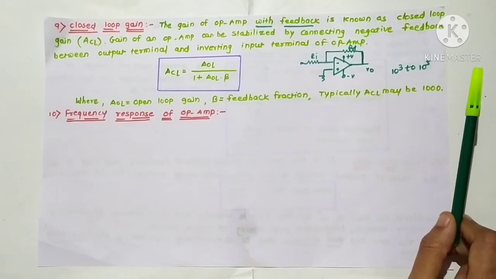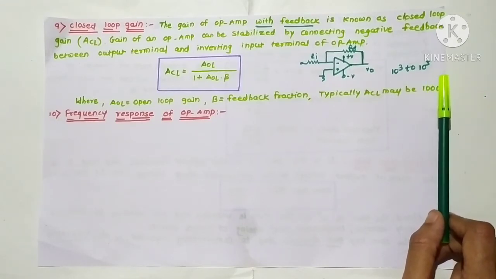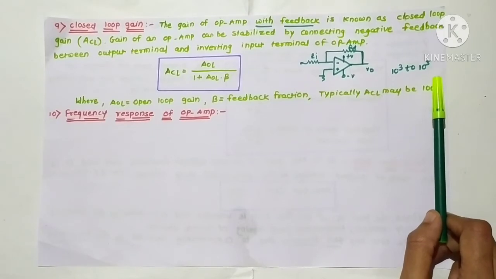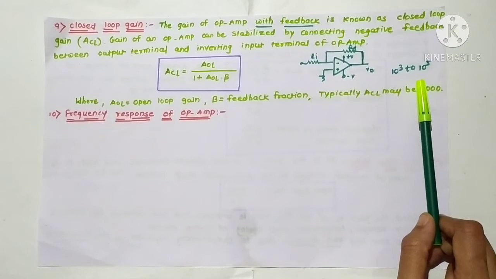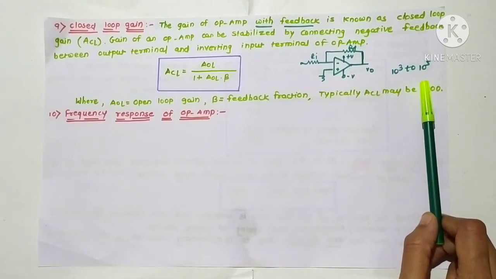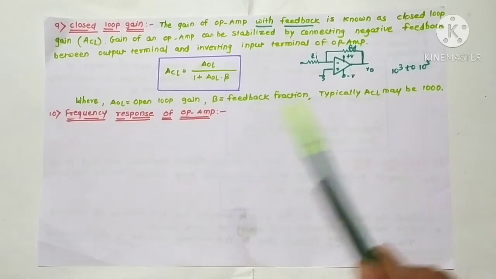Okay, students? So each and every topic from this chapter is most important. So study this chapter sincerely and watch each video carefully and take out the notes in your notebook regularly.